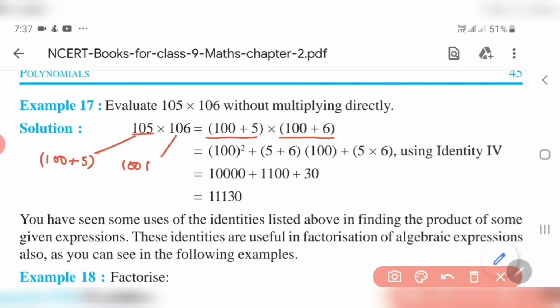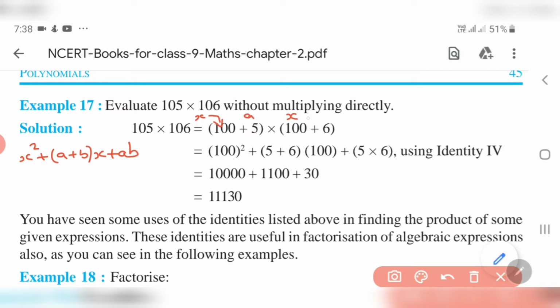So first, 105 into 106 we have expanded, okay. Then you use the identity here, that is x square plus (a plus b) into x plus ab. Now in this place 100 is x, correct? This 100 we can take as x, and 5 is a.